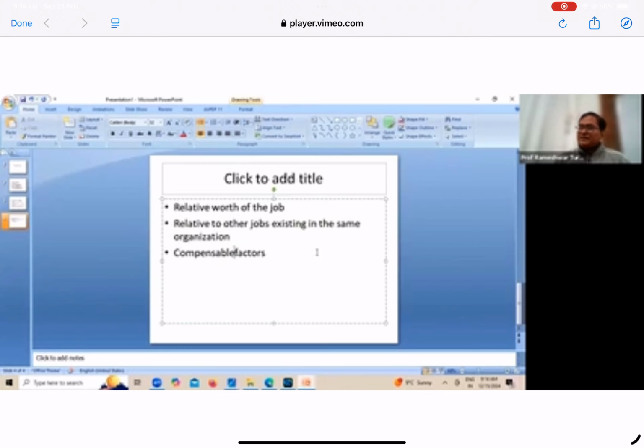Are you able to recall this? The only thing is, whatever we choose as compensable factors must be present in all jobs. Then only we will be able to compare. Are you able to recall? Yes, sir. Okay.